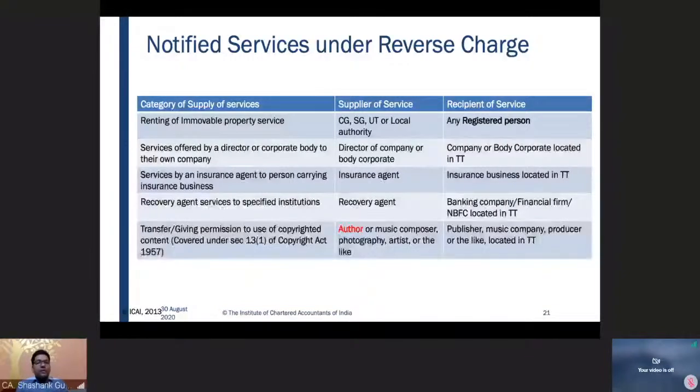So Badshah has made a song, any author has written a book, any photographer has taken a famous photo, any artist has developed some copyrighted thing, and when they are giving the economic exploitation rights, in such case, the liability to pay the applicable GST under reverse charge has been fixed on the publisher, the music company, producer or the like located in the taxable territory.